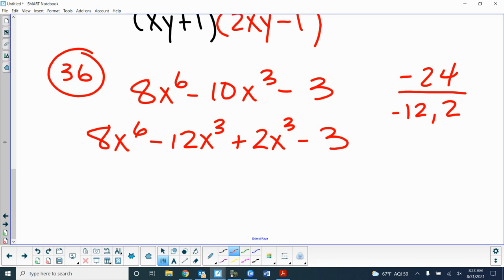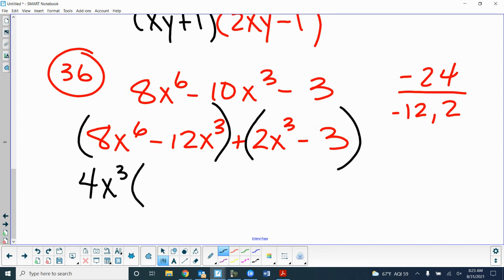Okay, now this one, the third term, doesn't have a minus sign, so I just leave the plus sign out so I don't have to rewrite it. What's the GCF, the first group? 4x cubed, right. What's 8x to the 6th divided by 4x cubed? 2x cubed.